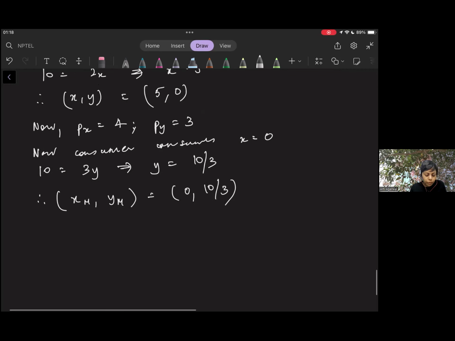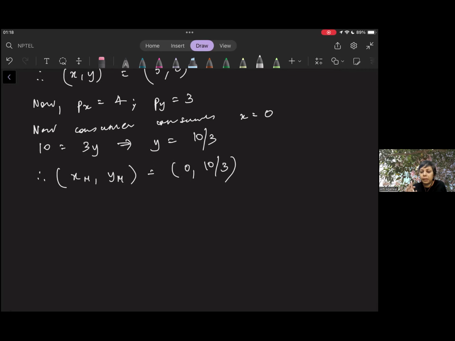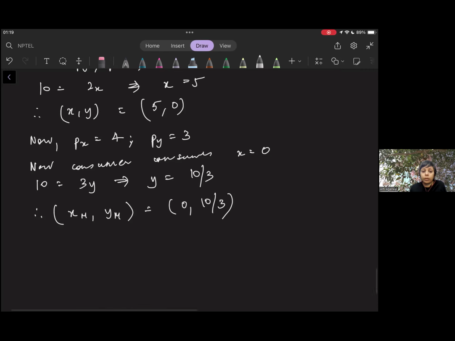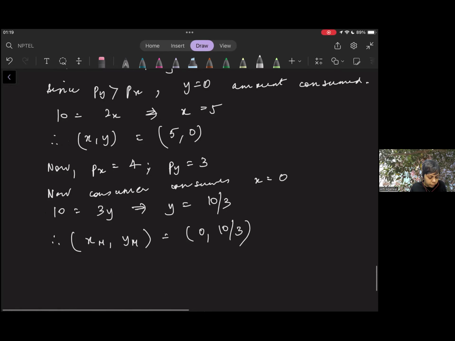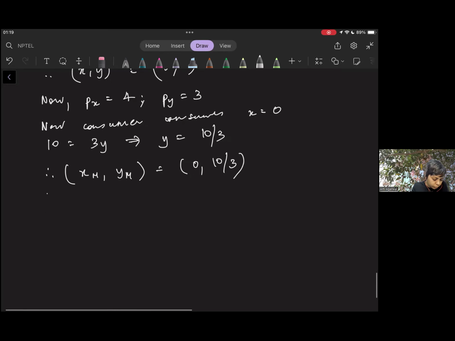Okay, now we have just solved the simple case of how we normally approach the optimization problem, and that normal case is what we call the Marshallian demand vector, which is what we have just solved for. Okay, now let's move to the next case, Hicksian.